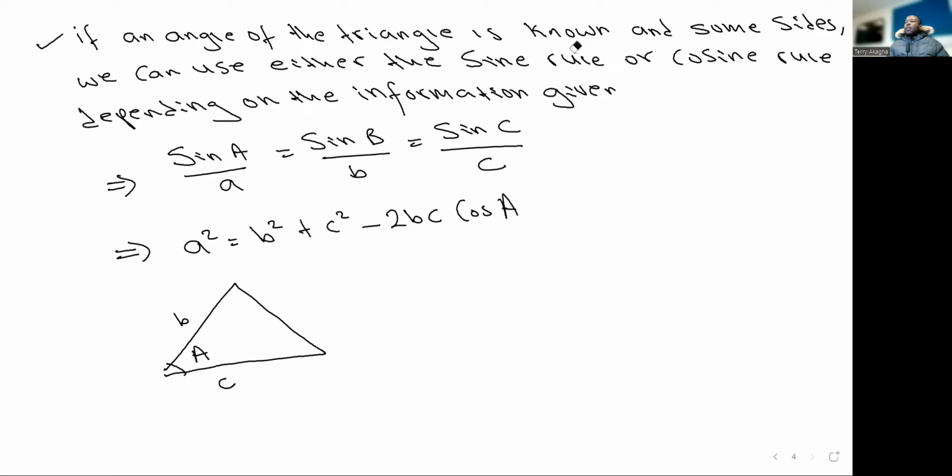Okay, you can use cosine rule to get the angle here. So the same principle. So if you have to get the angle A here, you use the cosine rule.